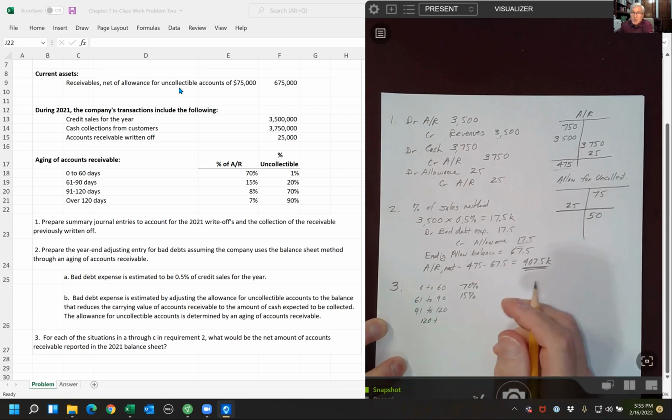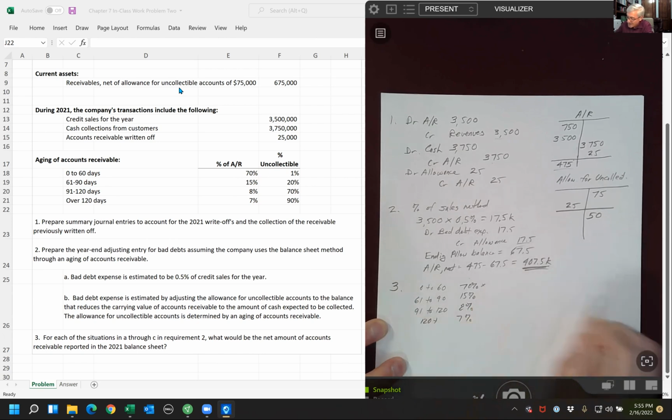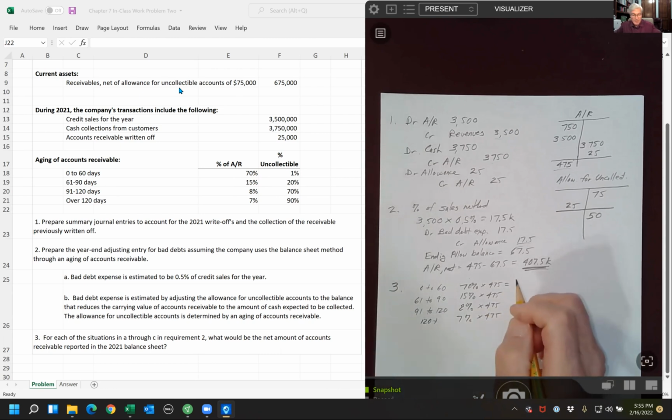Our terms were 60 days. These guys are past due already. That's a problem. 8% are 91 to 120, and 7% are 120 plus. So just take that times our AR balance. Okay, 475.